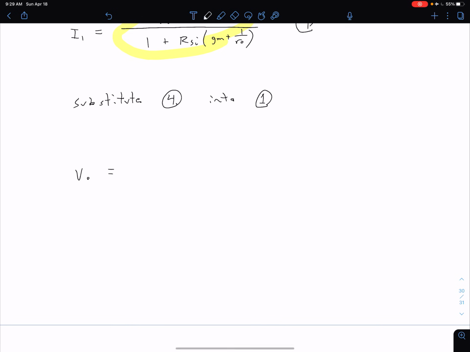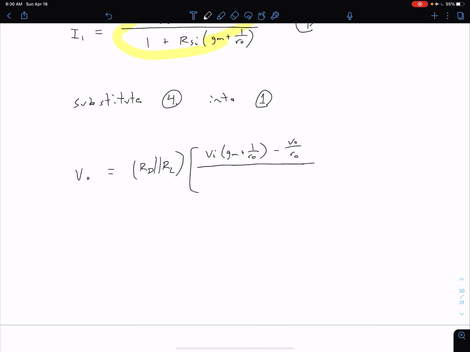So if we plug that in, again, we're going to have a positive RD in parallel with RL out front, and then all of that is going to be multiplied by our I1 expression, which is going to be VI times GM plus our 1 over R naught minus our V naught over R naught. So notice we had to change the sign there as well.